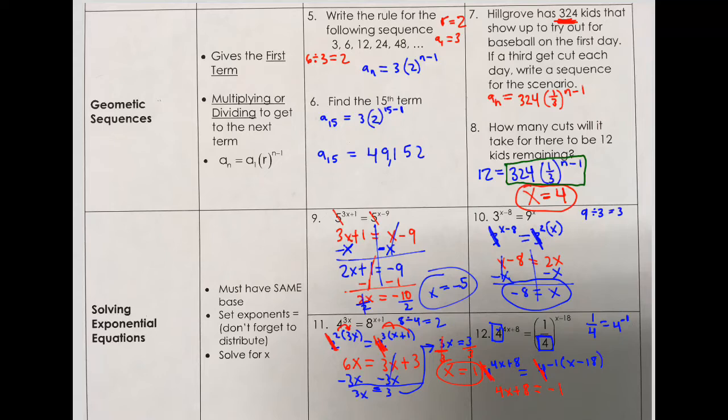And so now we have to distribute, going back to our math here, get a different color ink, distribute negative 1 to x, that becomes negative 1x, and then distribute that becomes a positive 18. And so now we can solve.